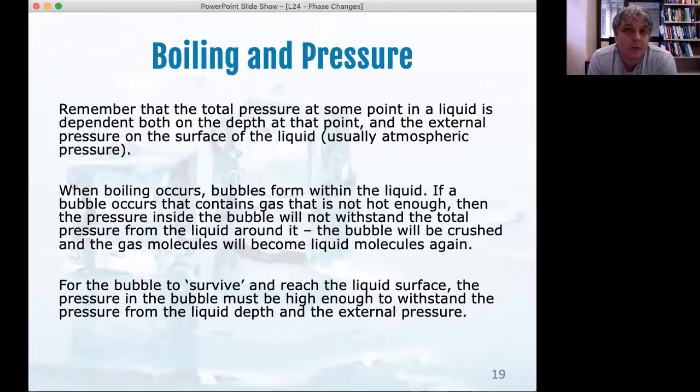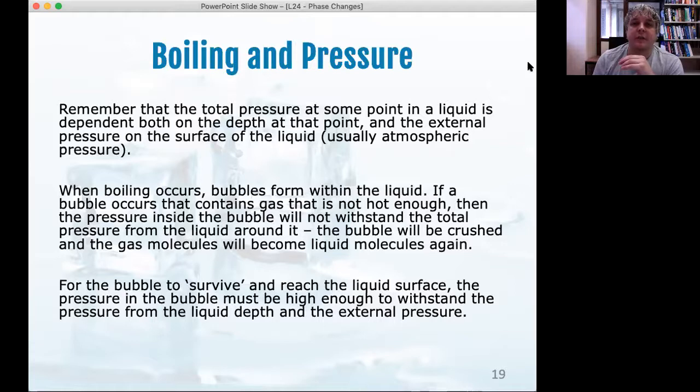When boiling occurs, what's happening is that a bunch of the atoms in the liquid are suddenly getting enough energy to turn into a gas. And when you boil something, you generally give it heat at the bottom of the pot. So the water at the bottom of the pot is getting enough energy to turn into a gas. And so it does, and it forms a little bubble of water gas, right? Gaseous water.